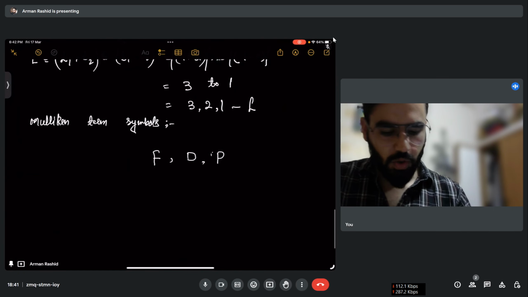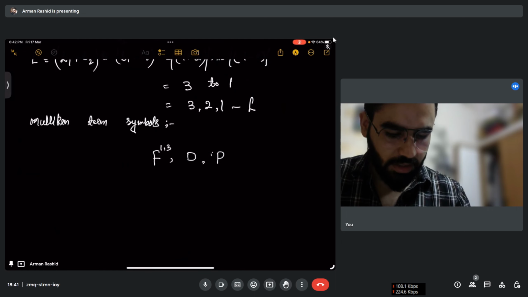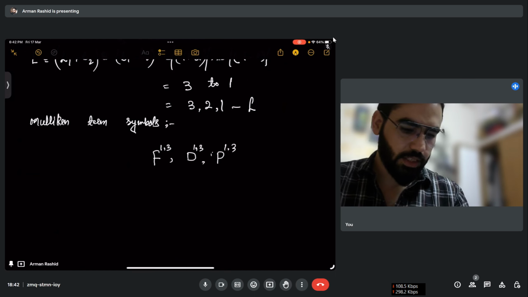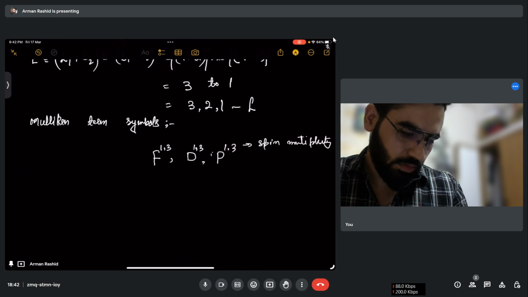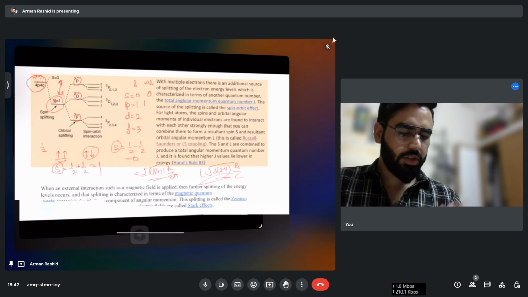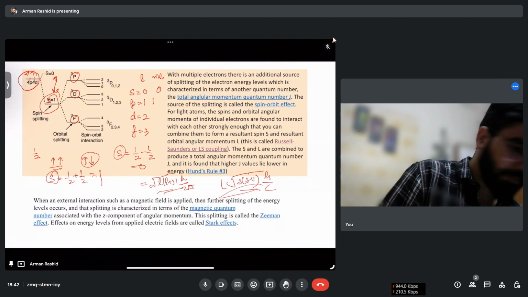Also, I have told that each of these configurations will have both singlet as well as triplet. This is because of spin multiplicity. So triplet will be more stable as compared to singlet.